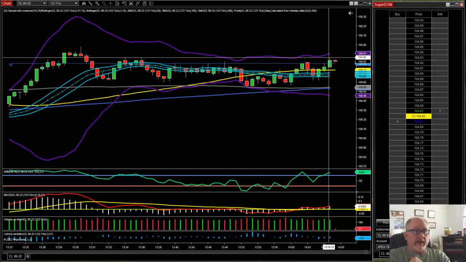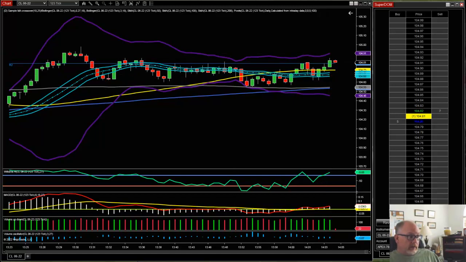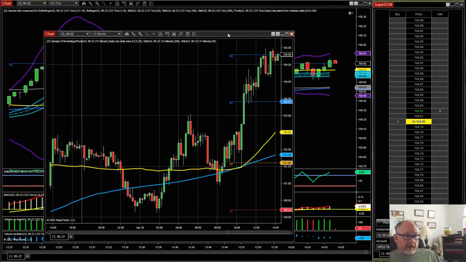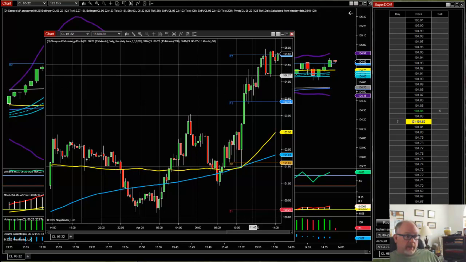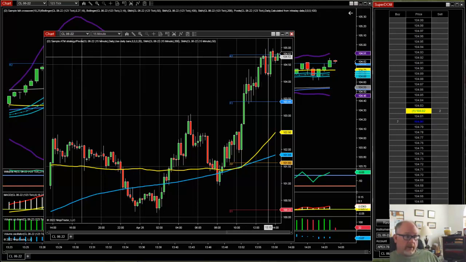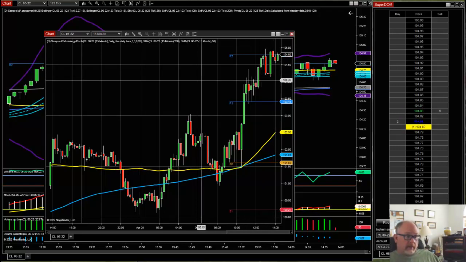Got one eye on 205 right now. I might see the trade. Really hesitant to take on a short or a long right now. Real close to the R2 line, so we got to be careful. R2, R3, it could be a strong up move going up into close.